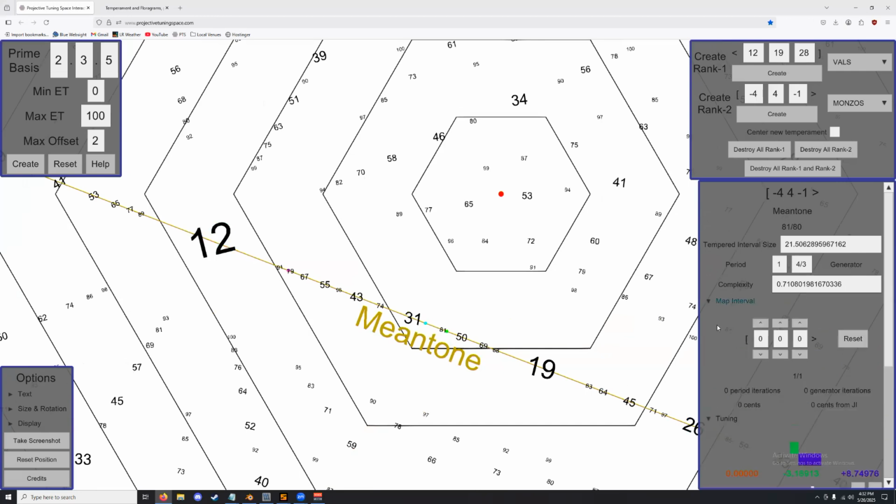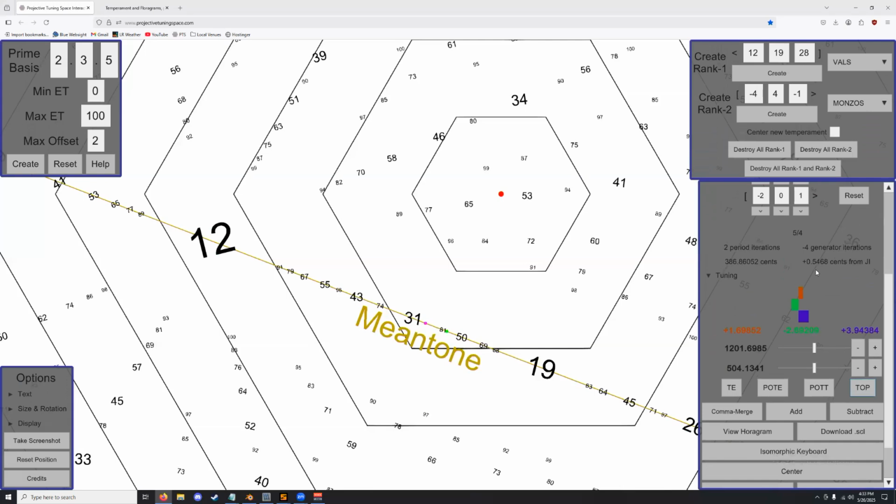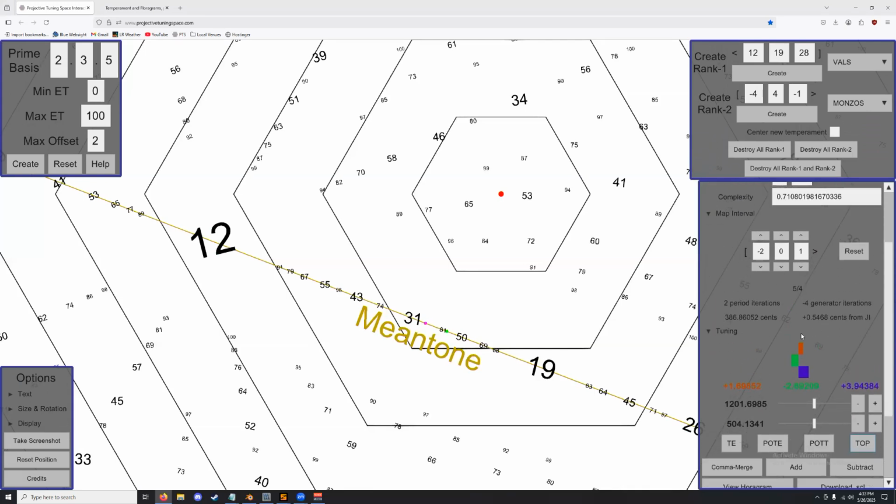I can also go to this map interval here and find out, for example, 5/4, 2 periods and -4 generators. So if I go up 2 octaves and then -4 perfect fourths, it gets me to 5/4. At top tuning, the 5/4 is only about half a cent off. At tiny Euclidean, it's still within a cent off.